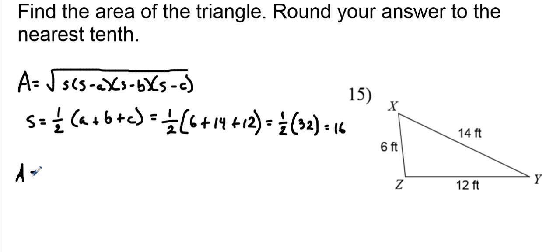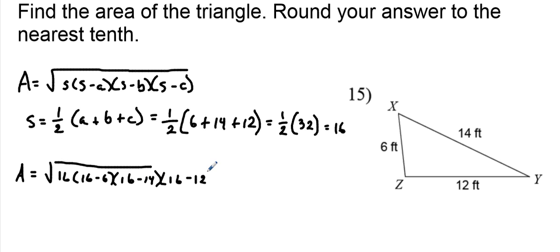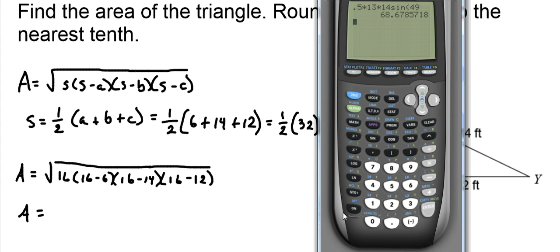So let's write A equals the square root S, so 16, times 16 minus 6 times 16 minus 14 times 16 minus 12. And let's go ahead and plug this into the calculator and see what we get.